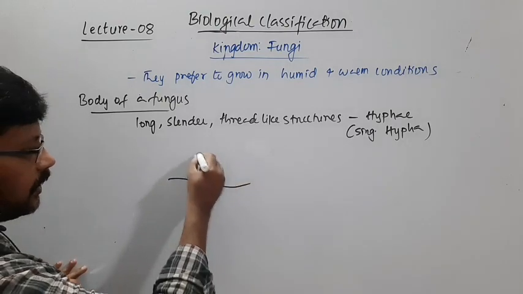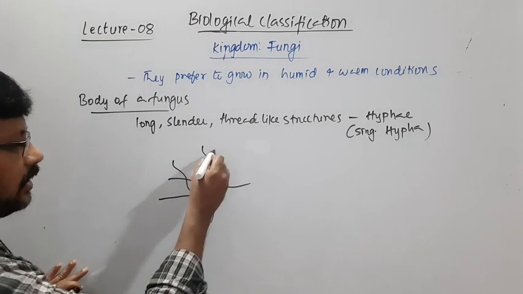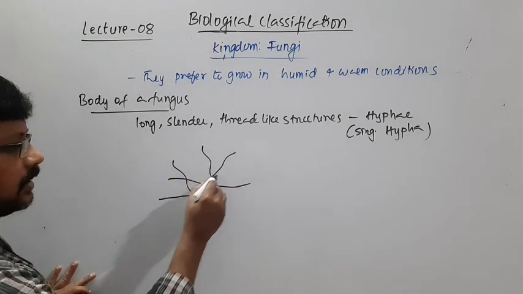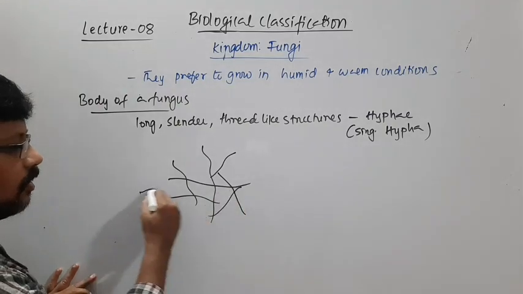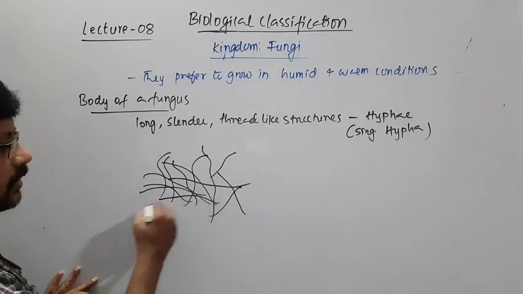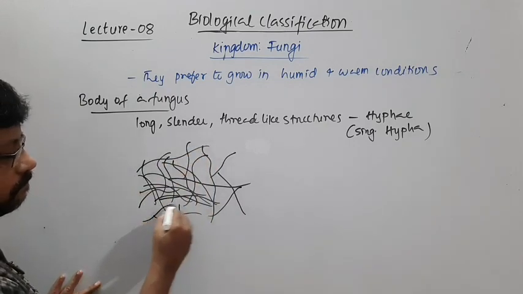So we'll see it like this. Each one is one hypha, and all these are interconnected to form a network. It will be a very huge network, you will see.